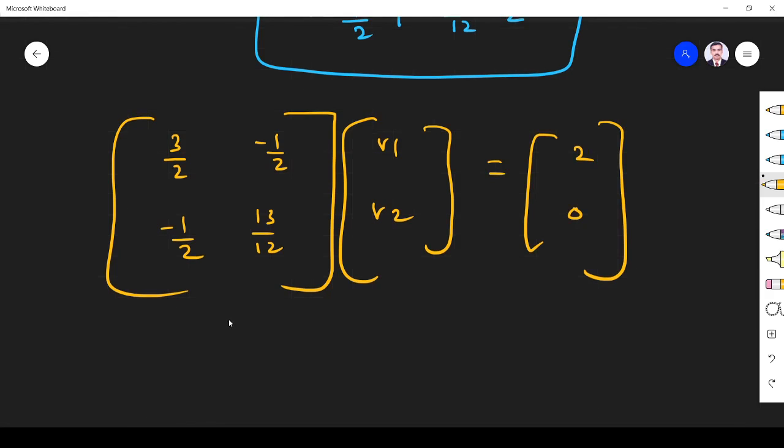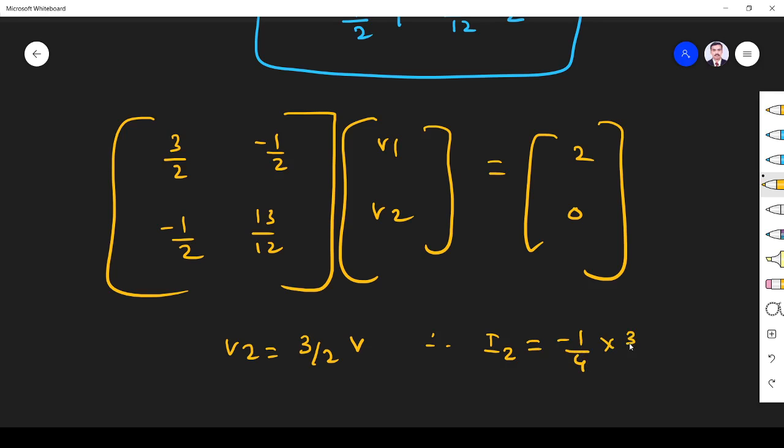If we solve this equation, V2 is equal to 3 by 2 V. Therefore I2 is nothing but minus 1 by 4 V2.